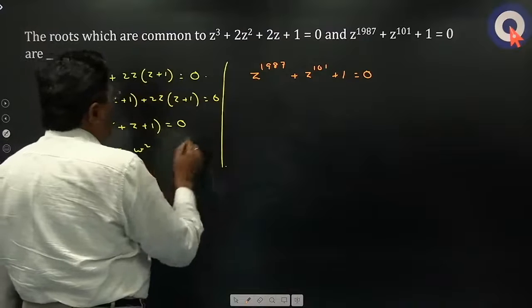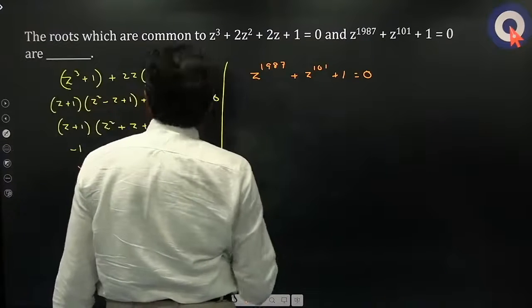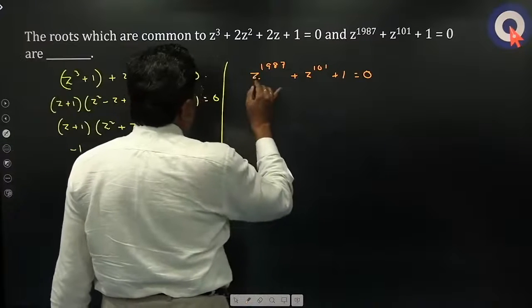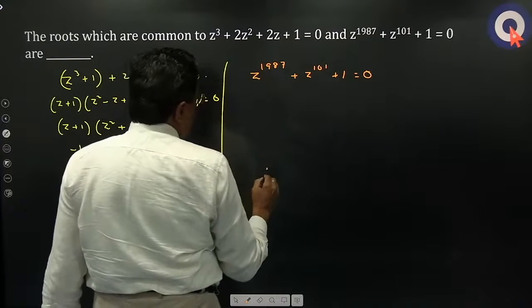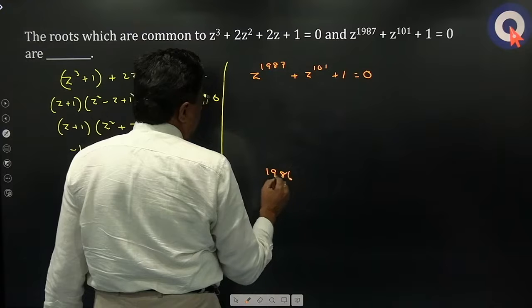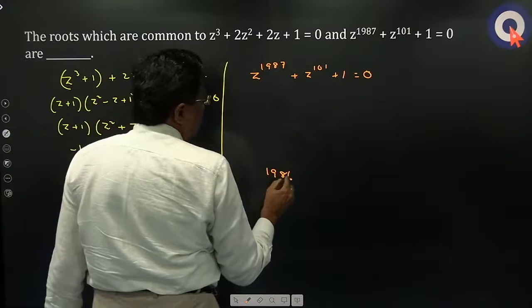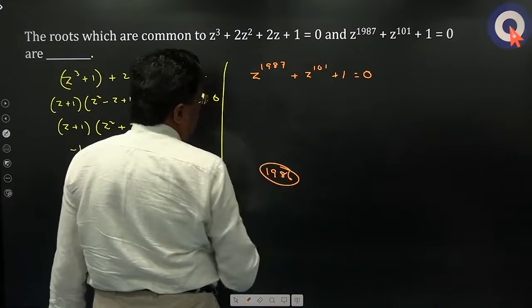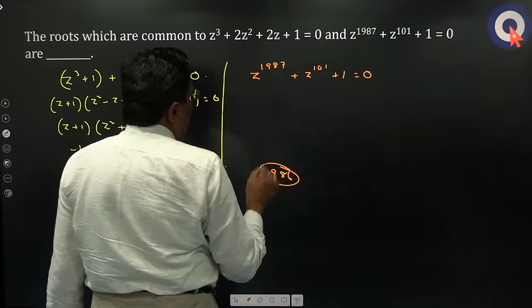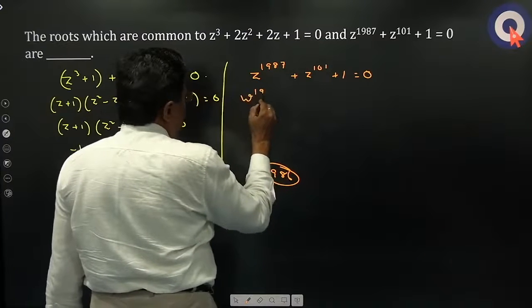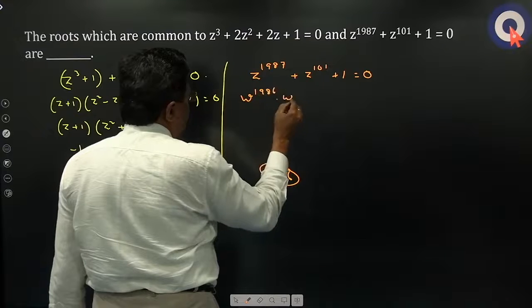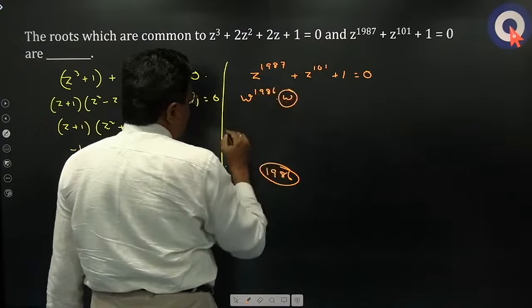If I put omega, which is a complex cube root of unity, what happens is 1986 is divisible by 3. So therefore you get omega to the power of 1986 into omega. So what you get is omega here.